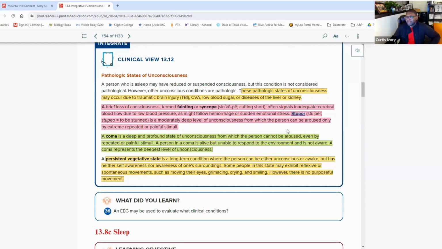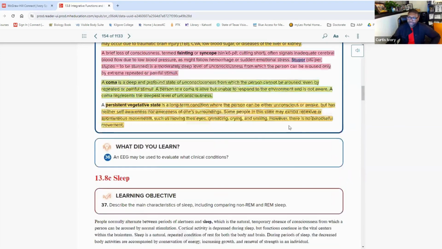It can just be neurons causing twitches. Typically, if someone's in this kind of state, sometimes they get taken off life support. There are some different brain activity disorders that can potentially happen.